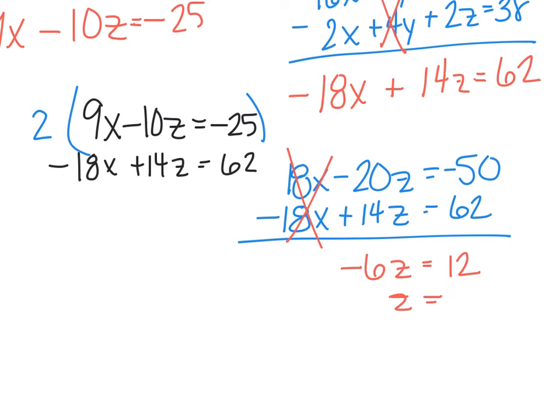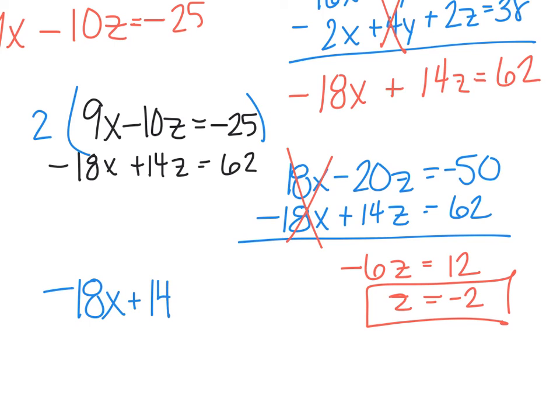Therefore, z equals -2. Now, once I have one variable, I just have to go back and get the other two. So I'm going to pick an equation that only has 2 variables in it. Perhaps this one here: -18x plus 14, and I just found out my z is -2, equals 62.